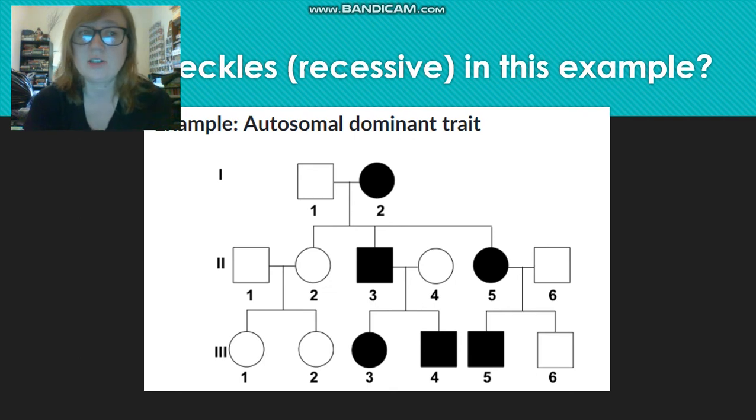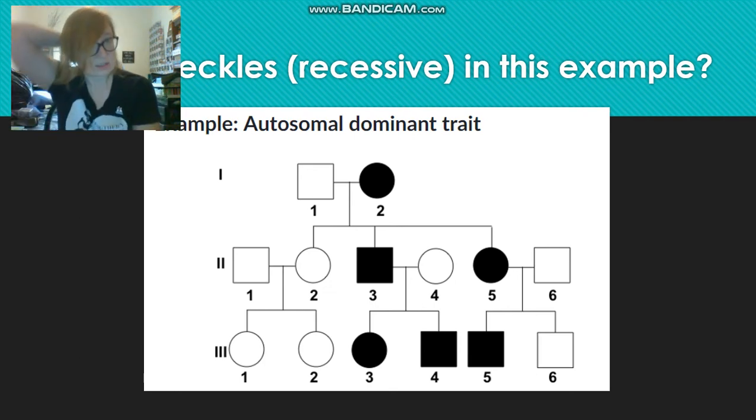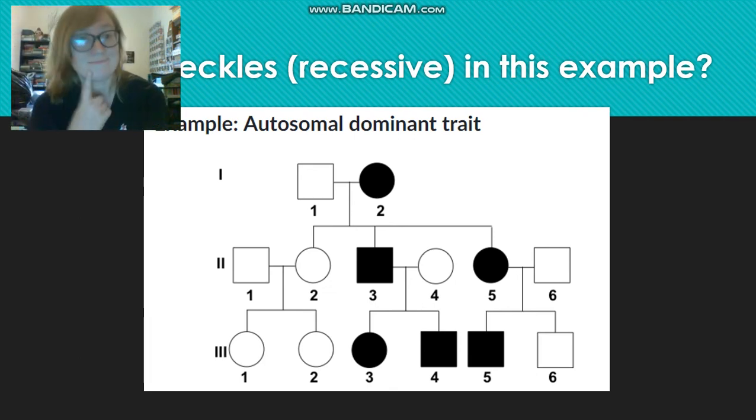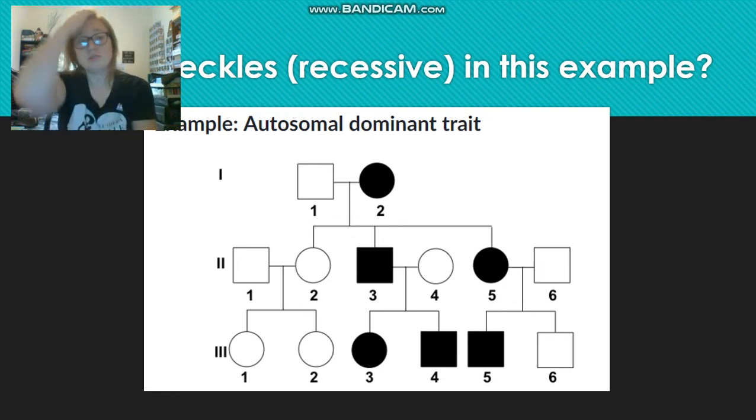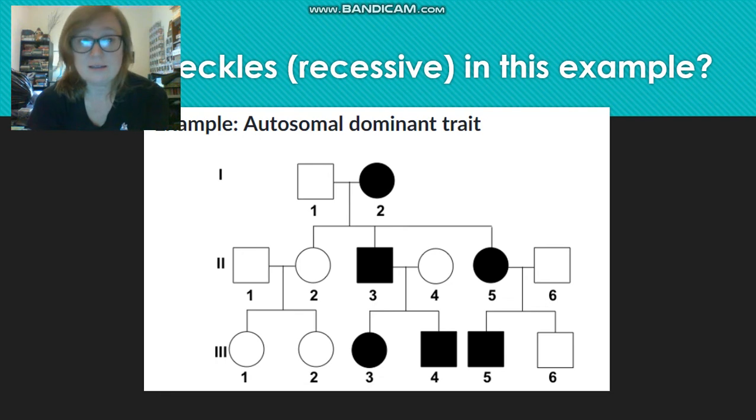Could they have any child that has 2 little f's? You can take a minute and do a Punnett square right now. Did you try it? Are you making a Punnett square? You should try it. And if you did, you'll see that none of them have 2 little f's. So if he was 2 big F's, he would not be able to have any child that has 2 little f's, that has freckles. So he must be big F, little f.